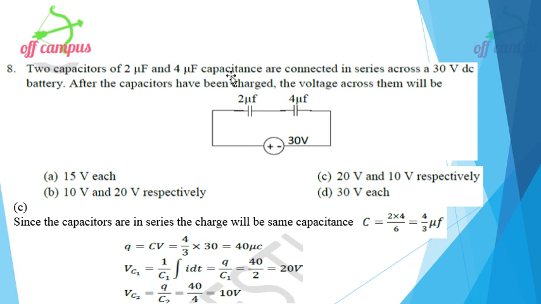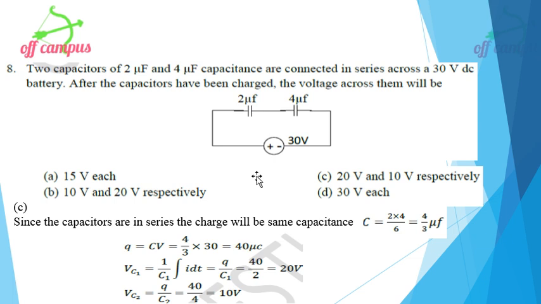In a series combination the voltage is divided. So, we need to find the voltage drop for the 2 microfarad capacitor and the voltage drop for the other capacitor, okay. The charge will be the same because it is in series, but the voltage is divided.